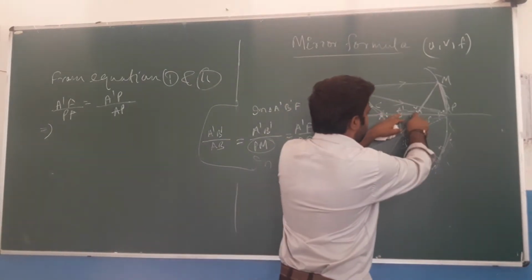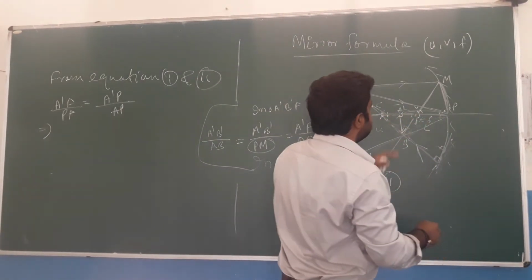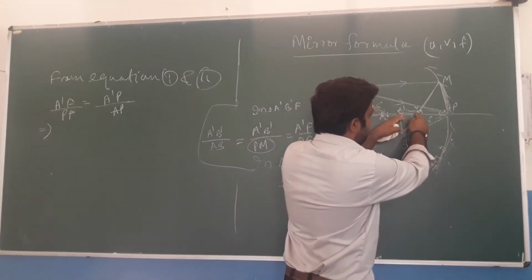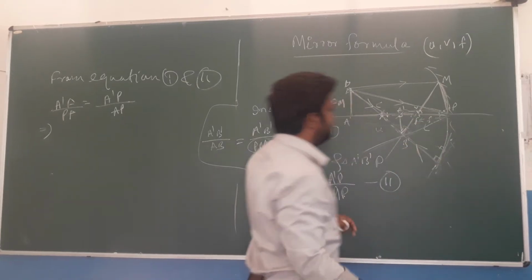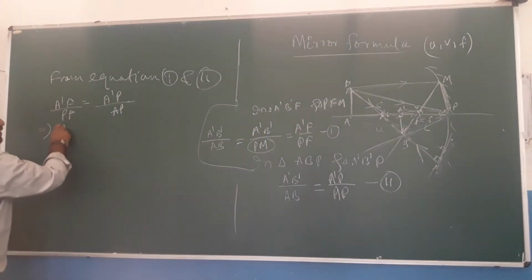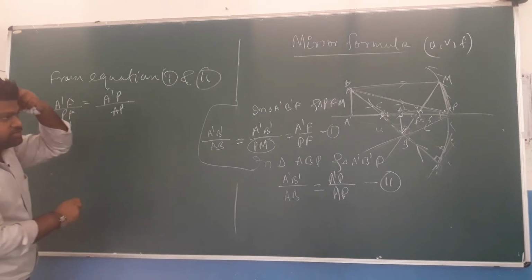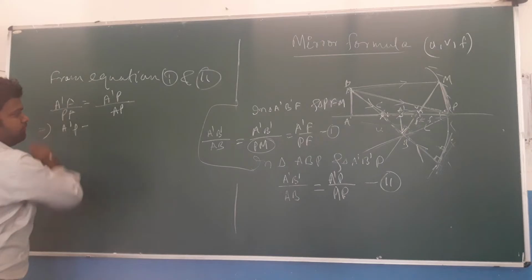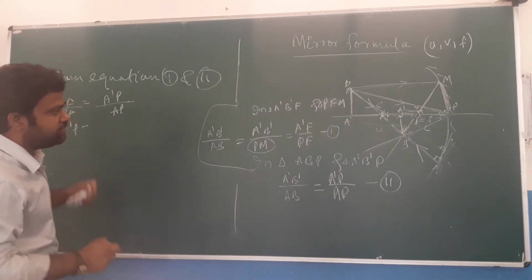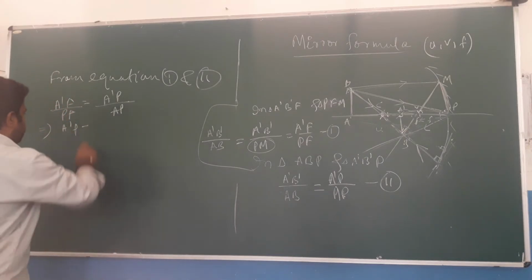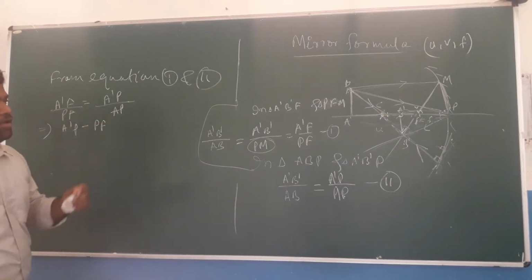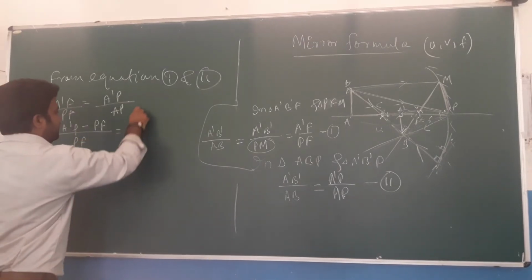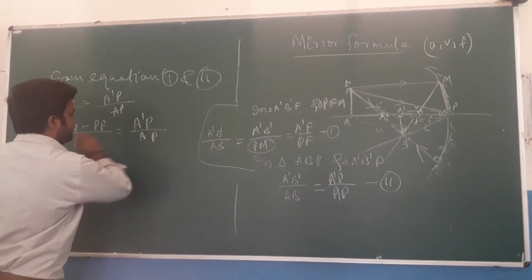As A'F has no meaning, I need a relationship in u, v and f. So I will convert this A'F to A'P minus PF. So this will be A'P minus PF, where A'P is the image distance and PF is the focal length, by PF is equal to A'P by AP.